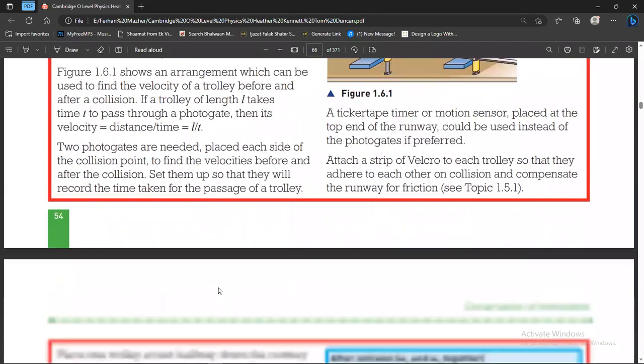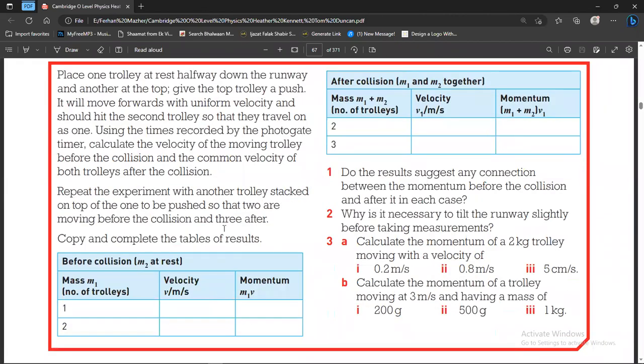Okay, then we place one trolley at rest halfway down the runway and another at the top. Give the top trolley a push, it will move forward with uniform velocity and should hit the second trolley so that they travel on as one.